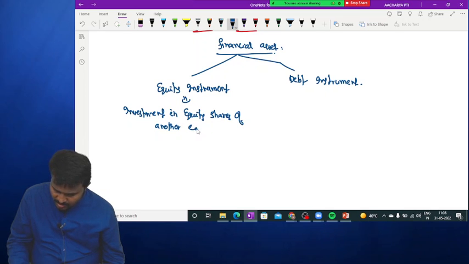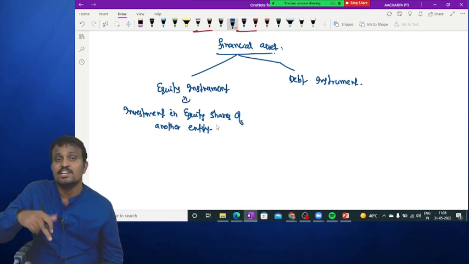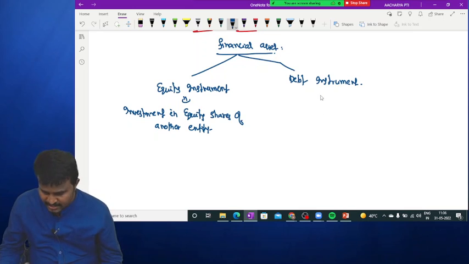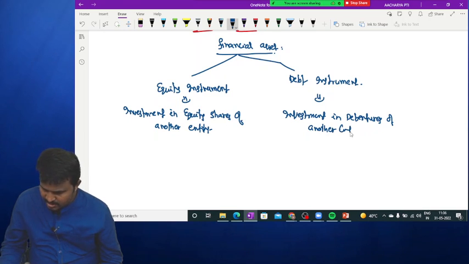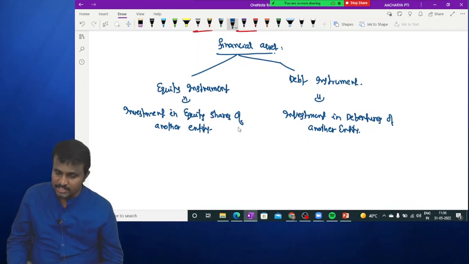Correct? Or an investment in debentures of another entity, which is the best example of a debt instrument.